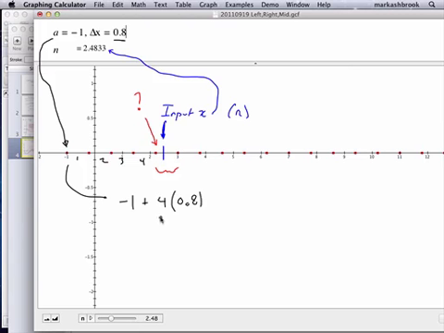It's that distance from the start to the end. It's going to be 4 intervals of 0.8, but we start at -1, so you get? Does that make sense? Anybody have a question? All right, I'll give you new values here.